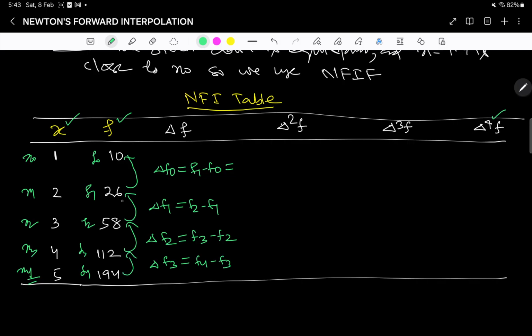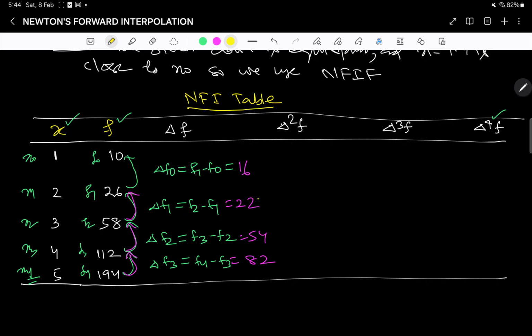In the previous Newton divided difference we divided again by x1 minus x0, but here it is simply the difference. So this minus this is 16, and the next difference is 22, then 54, and this difference is 82. We are only bothered about these differences.